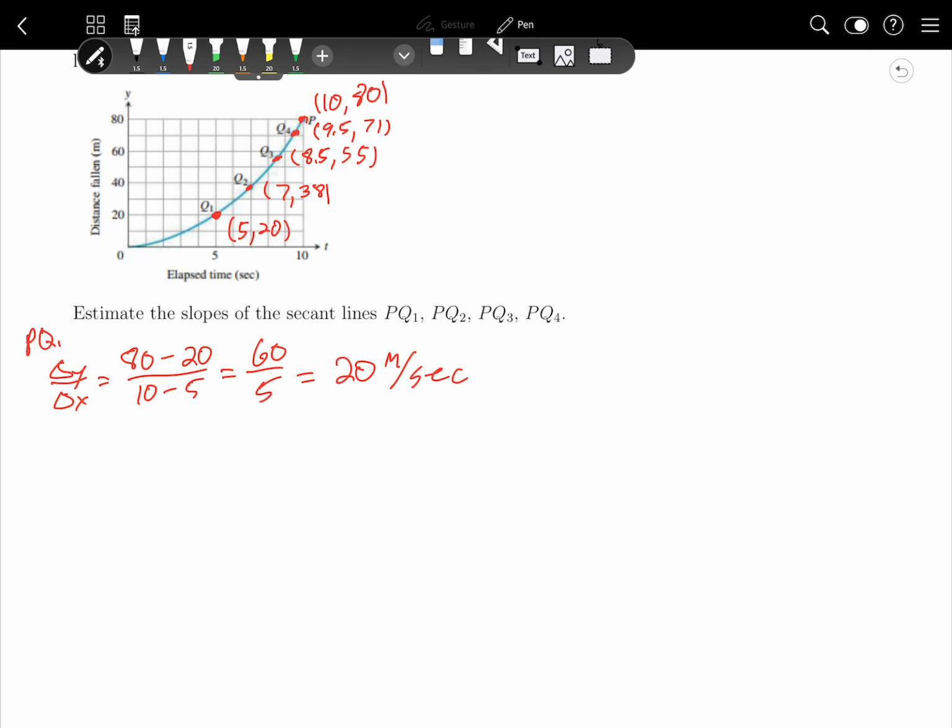Okay, and then if we did the last one, for example, same idea, right? You guys should be able to do the rest of these. So the last one would be 80 minus 71 over 10 minus 9.5. So that's 9 over 0.5.